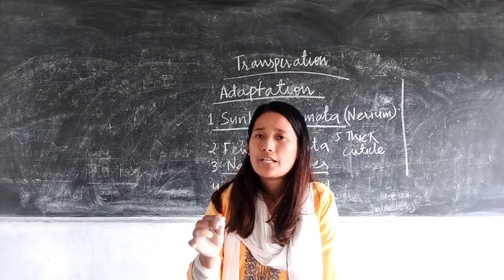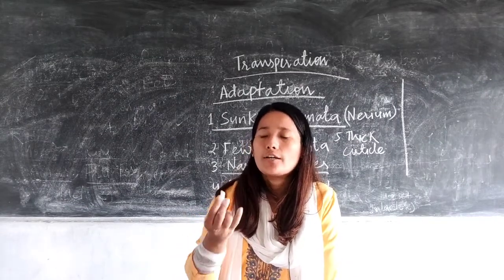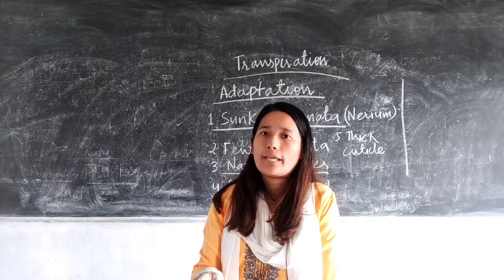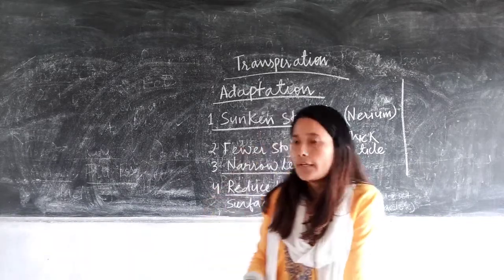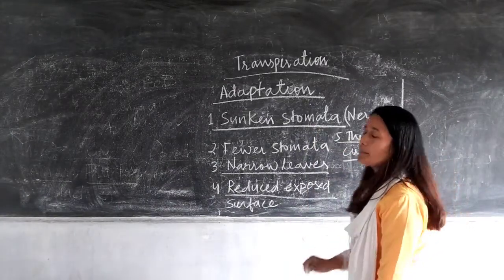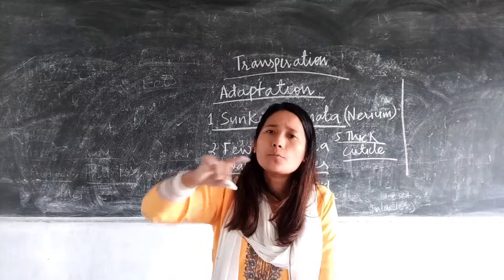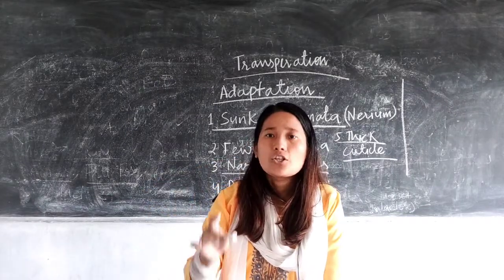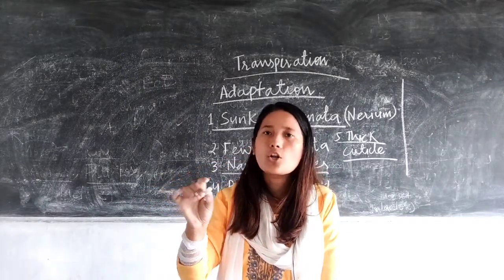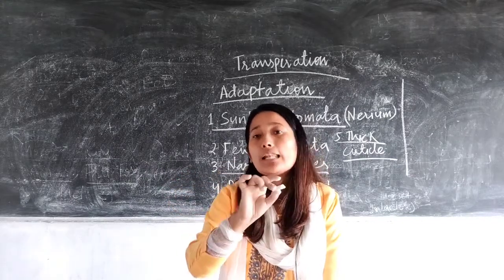That means leaves are either rolled or wavy, because of which the portion of the leaf exposed to the air is less. Another one is a thick cuticle. Some trees or plants have a thick cuticle, meaning the outermost waxy layer. If they have a thick cuticle, the loss of water in the form of water vapor from the leaves will be less.